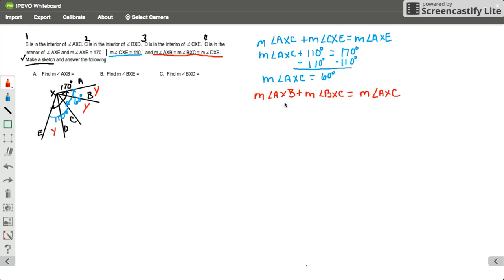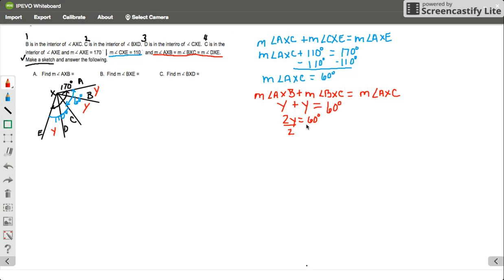So if we fill in our values, our unknown value for our two smaller angles will have to equal the 60 degrees for the whole thing. So combine our like terms. So this is 2y equals 60 degrees.